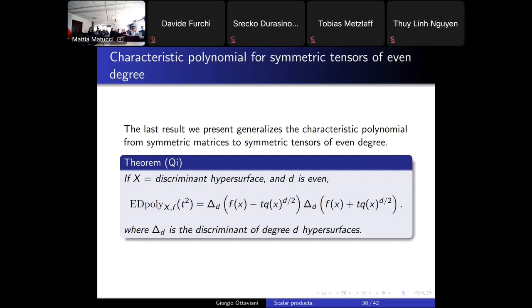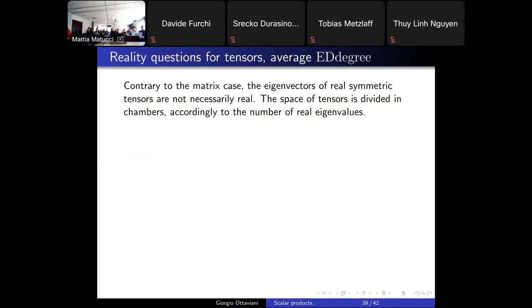This is the identity now, it's this one, and in general for even degree, this is the analog of the characteristic polynomial of a hypersurface of even degree. So this is the ED polynomial of the Veronese, right? Exactly, also for even degree. Yes.